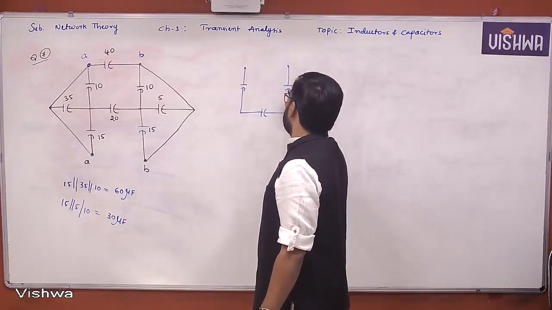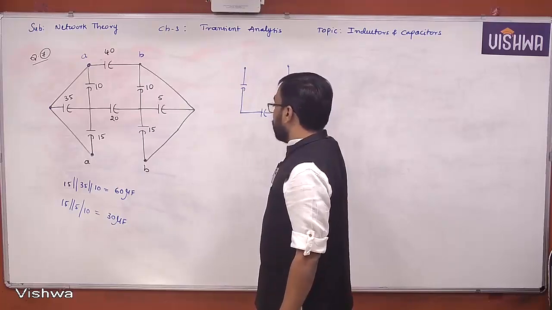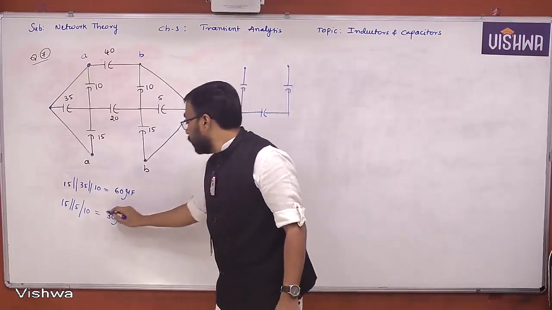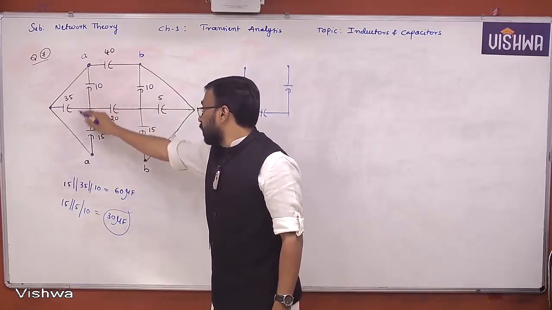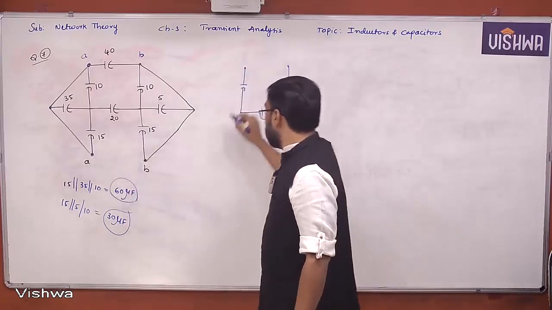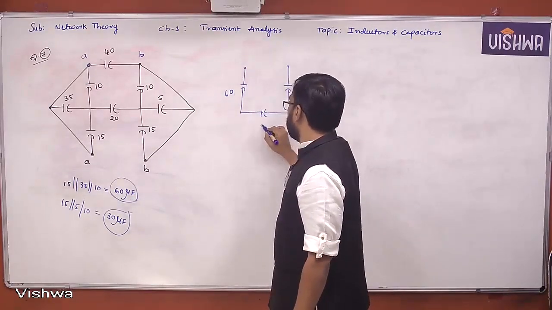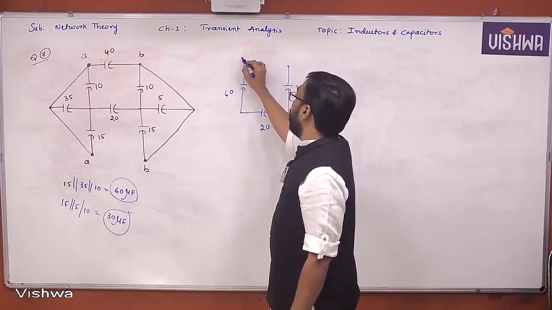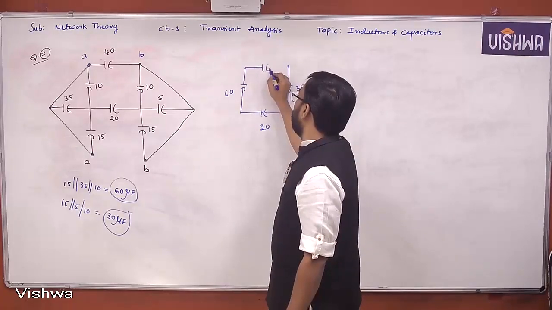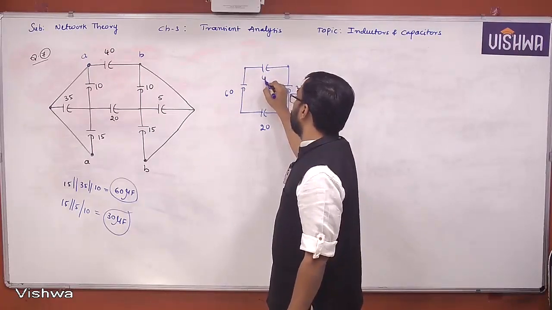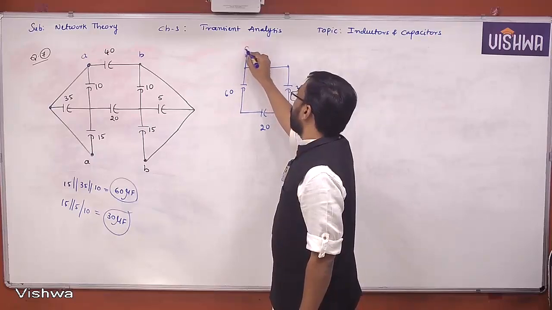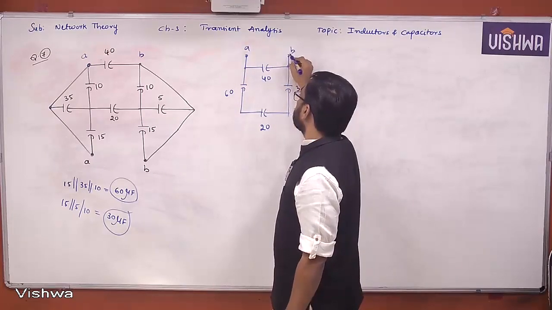What is this value? This we simplified. How much is it? 30. This we simplified. How much? 60. So therefore I can say this is 60. This is 30. But this is already available, 20. This is now A. But already between AB also there is one element. What is that? 40.